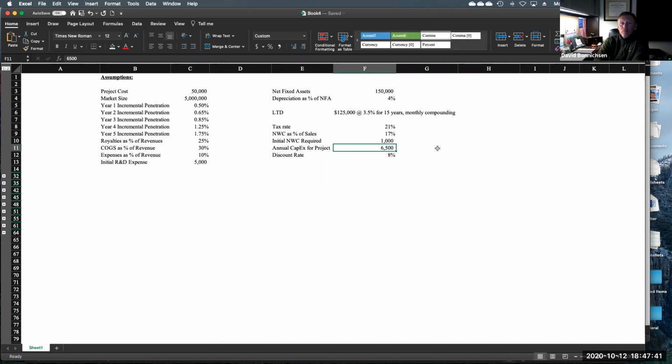We account for that when we look at the free cash flow calculation for the project. And finally, as we talked about with the time value of money, what's the discount rate? What's our hurdle rate? What's our weighted average cost of capital? What's our cost of capital? All of those are referred to as the discount rate. When we convert future dollars into present value dollars, we use the discount rate in that calculation.